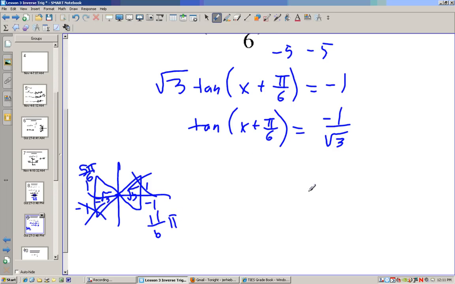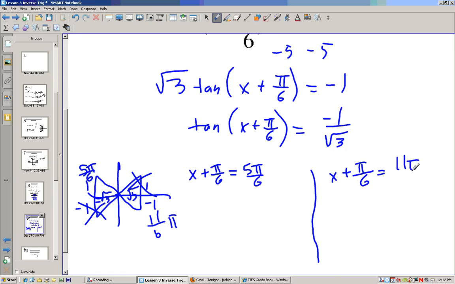So we have to write two separate equations. We have to say that x plus pi over 6 is equal to 5 pi over 6, and x plus pi over 6 is equal to 11 pi over 6.